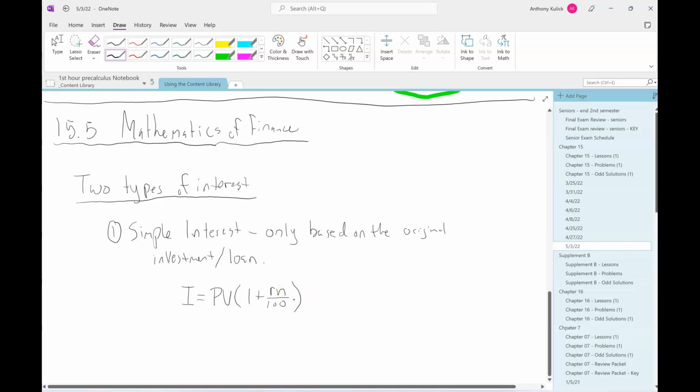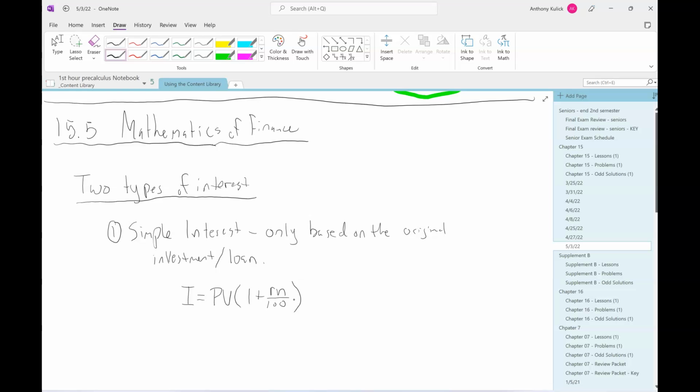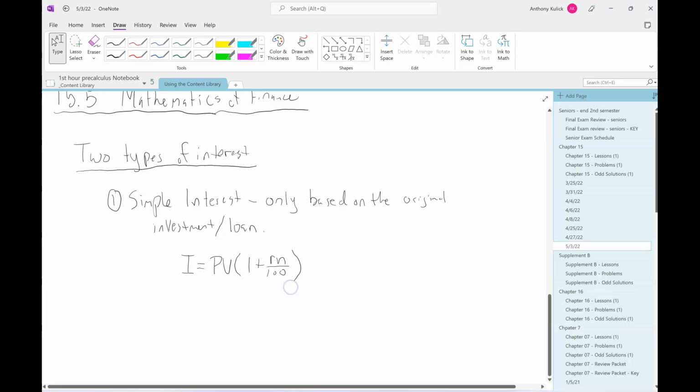Our formula for simple interest is I equals the present value, or the original amount invested or loaned, times 1 plus Rn over 100, where R is the interest rate written as a percentage, and N is the number of years in which that investment or loan is made.